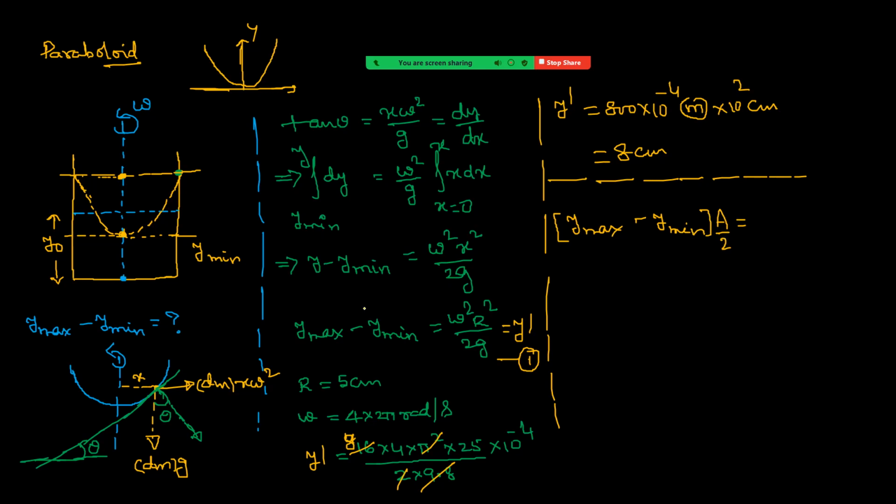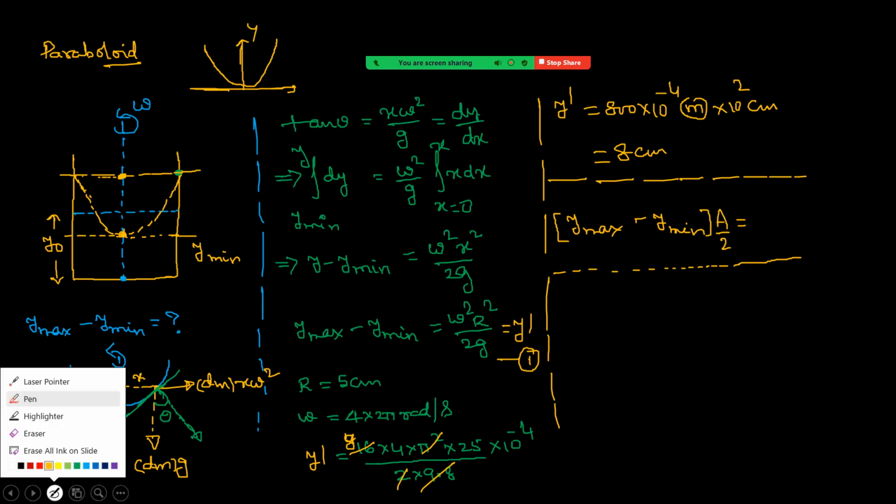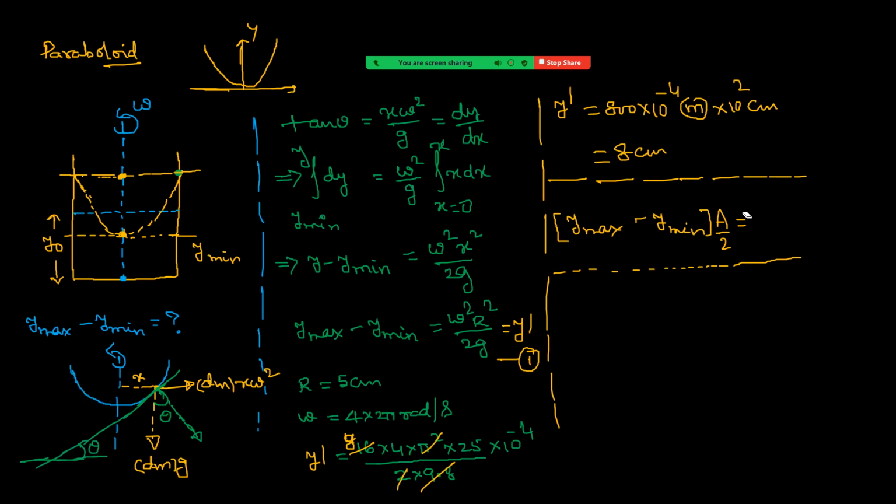Okay, that means, see how much the total volume is. Initially the height was y naught. So the total volume equals this area into y naught. Okay, so let me write this part here. I am writing here conservation of volume.